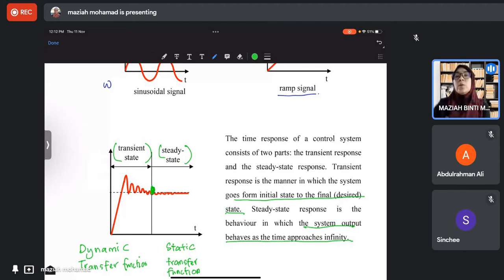Right. So what we're going to do in this chapter is, from a model, from the transfer function that we derived in the first chapter, we want to get the time response equation, or time response transfer function, which is actually comprised of the dynamic transfer function and the static transfer function.